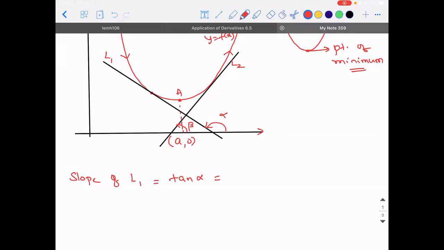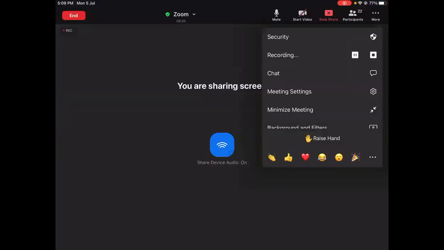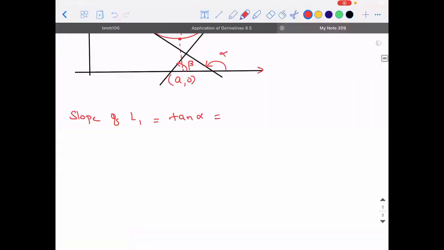Tan of alpha, is alpha an acute angle or an obtuse angle? Obtuse. So obtuse angle means tan will generate a negative value. Similarly, what is the slope of L2? Tan beta. Tan beta is acute, which is positive.